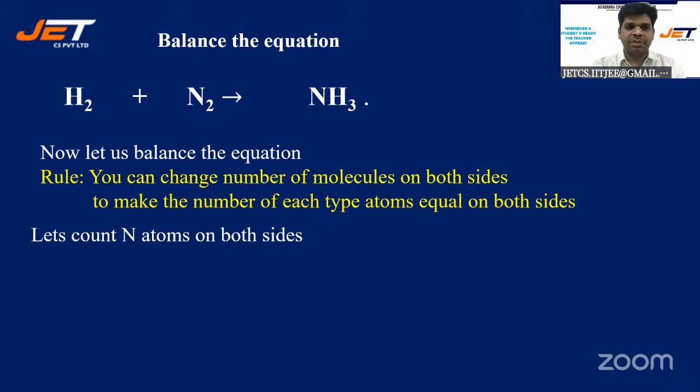So counting, starting with nitrogen atoms, for instance, a nitrogen molecule has 2 nitrogen atoms. All right, on LHS you have got 2 nitrogen atoms. On RHS, the right hand side of the equation, the product side, you have got only 1 nitrogen atom.